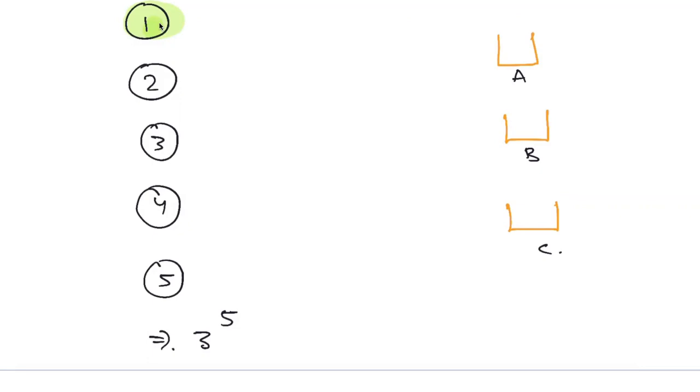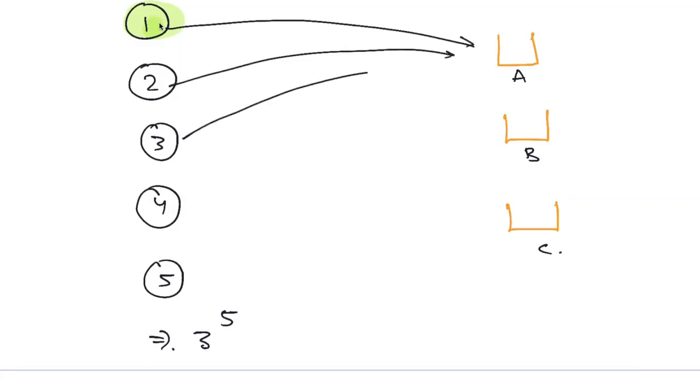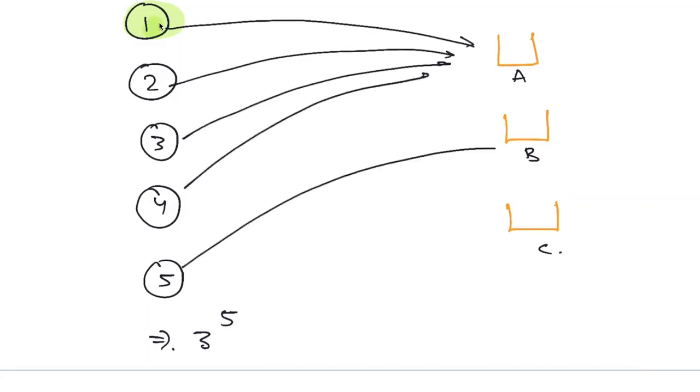But if I'm writing that all the balls are going 3 ways, it might be possible the balls are going into 2 bags only, not into the third bag. So this is for all cases, the universal case, minus, out of these 3 bags, 1 bag we are removing.